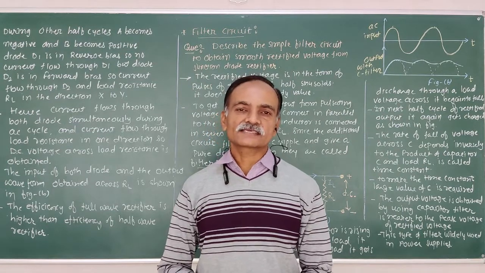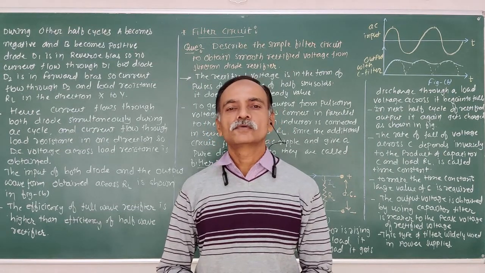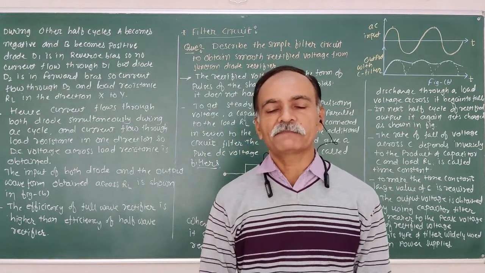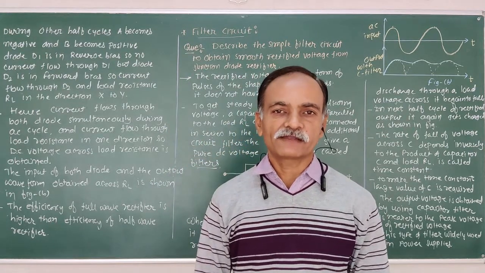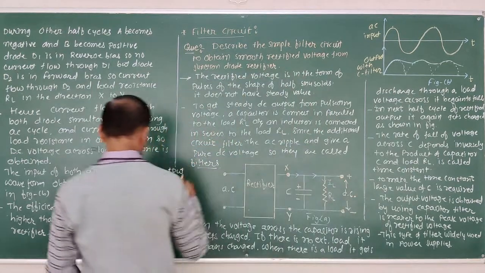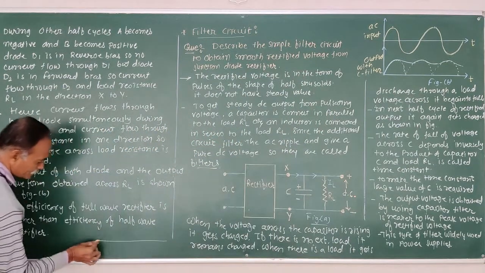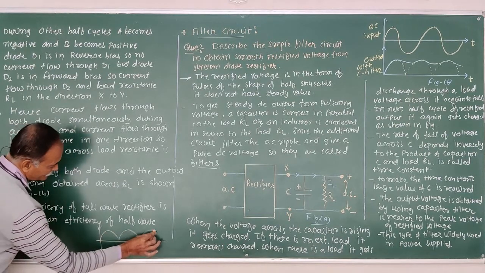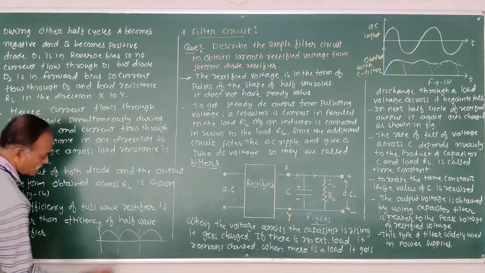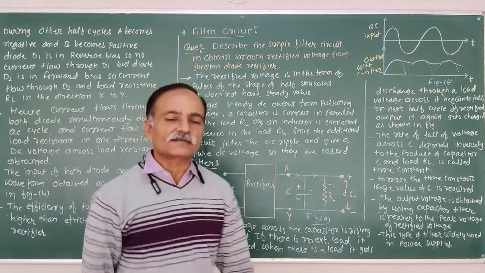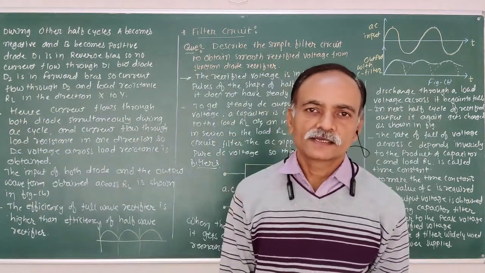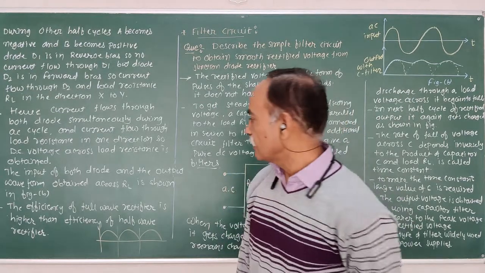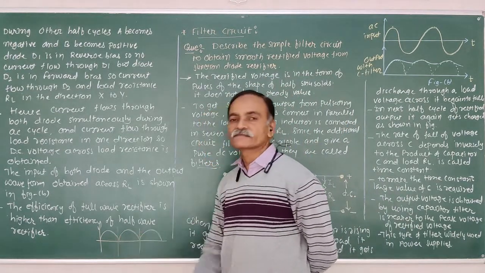No. Because in both half wave rectification and full wave rectification, we obtain the DC voltage in pulsating form. Well, the DC voltage is the constant voltage with time. That means DC voltage does not vary with time, while the AC voltage varies with time.